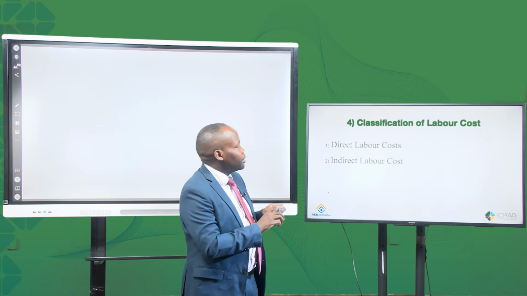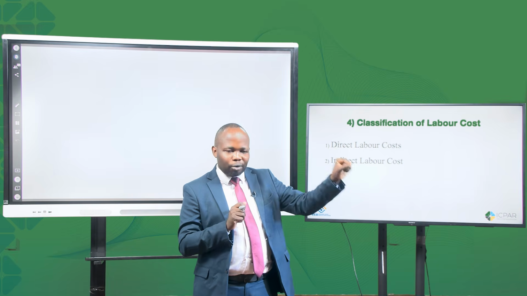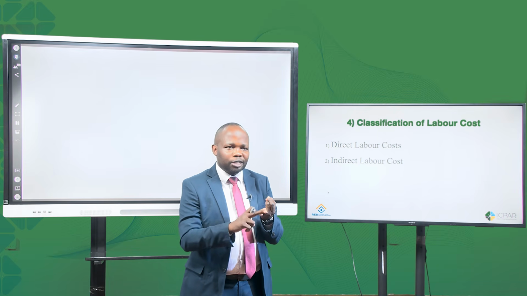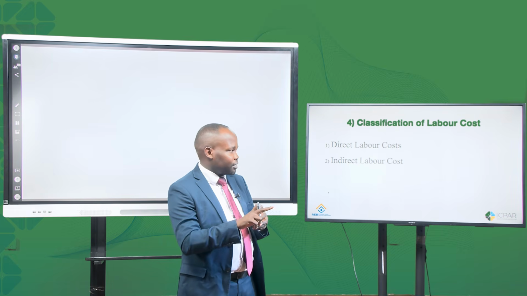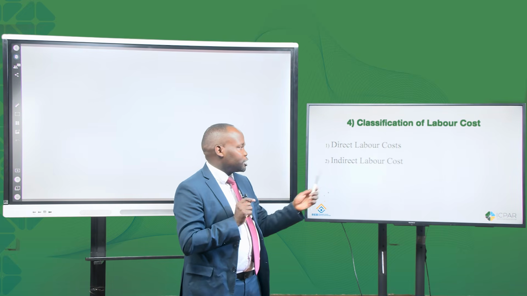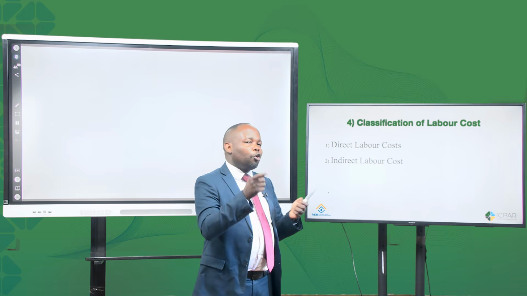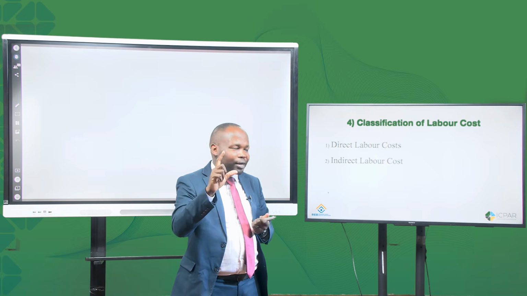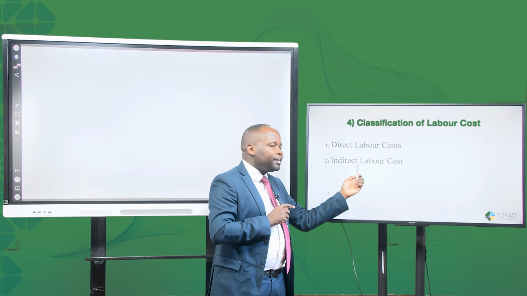I'm repeating, anything paid to indirect employee, whether it is basic pay for standard hours, basic overtime, overtime premium, or allowances and bonuses, so long as it touches on indirect employee, it is indirect labor costs. But for the direct employees, only the first two components are direct labor costs. The rest go to indirect.